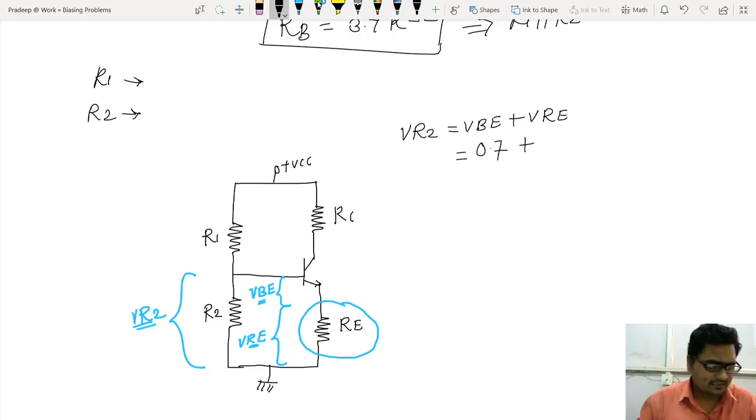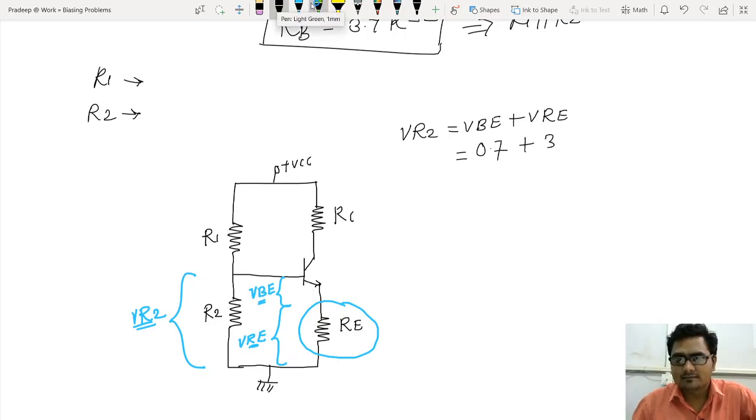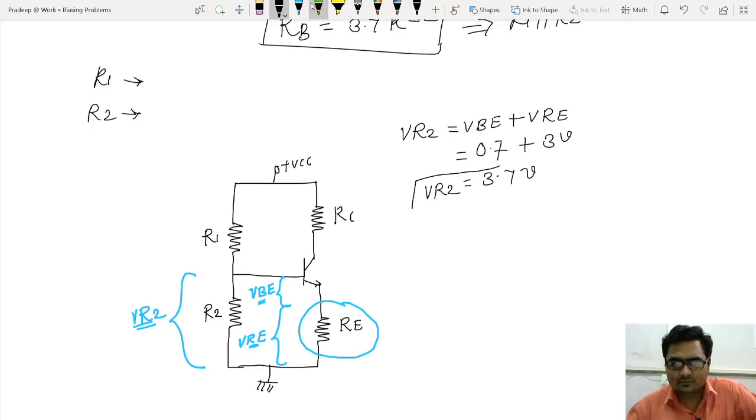I think VRE is given in the statement, yes, it is 3 volt. VRE is 3 volt, so VR2 will be 3.7 volt, right? So now the voltage across resistor R2 we have calculated. See, this is VR2.